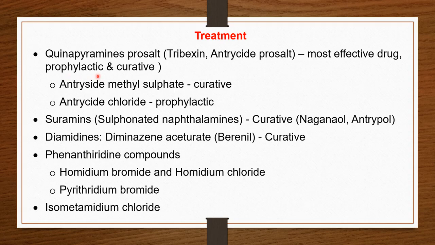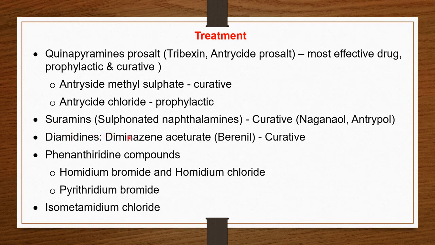This quinapyramine prosalt contains two salts: antrycide methyl sulfate, which is the curative agent, and antrycide chloride, which is the prophylactic part, and it gives prophylaxis for about 5 months and is the most effective drug.